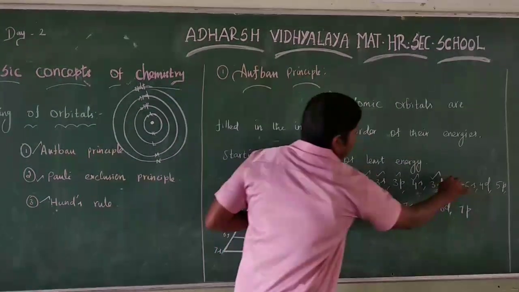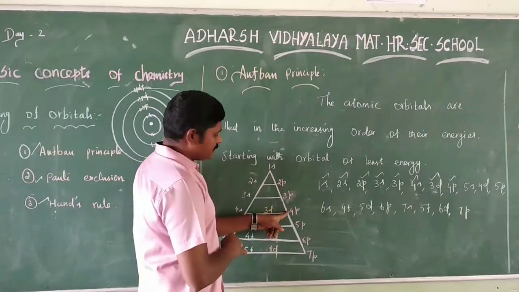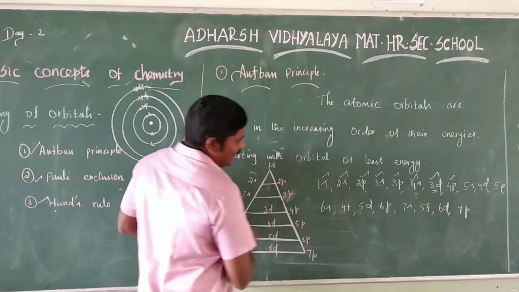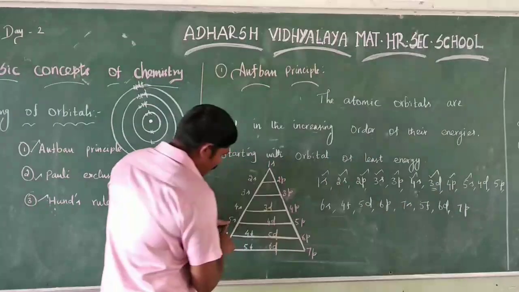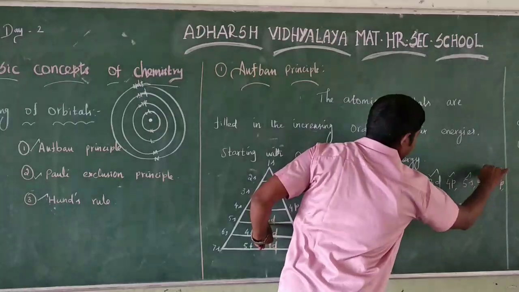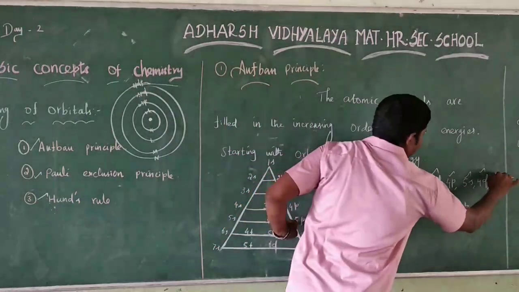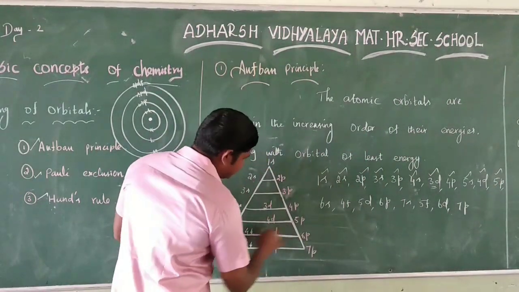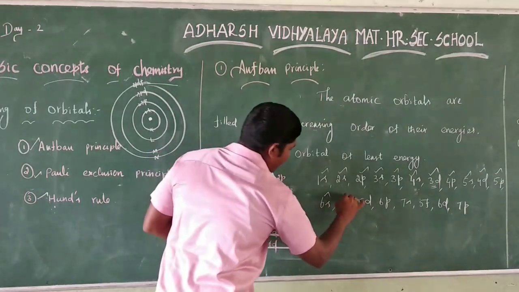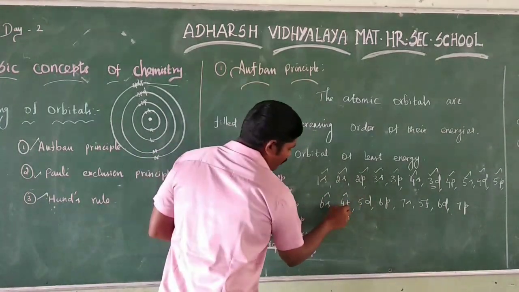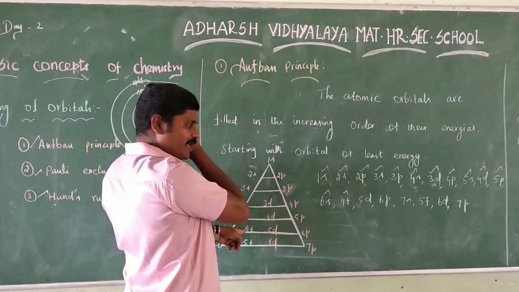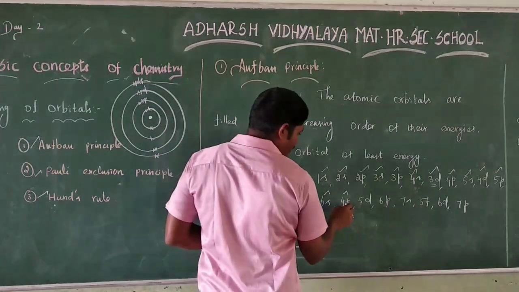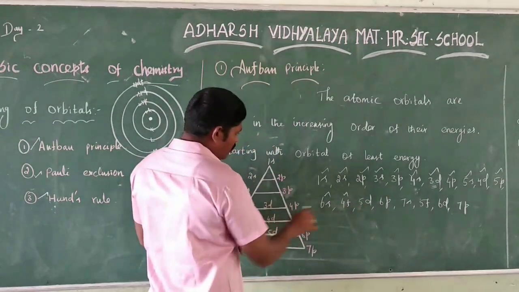Then 4p, 5s, 4d, 5p, 6s, 4f. The 4f orbital has less energy than the 5d orbital.